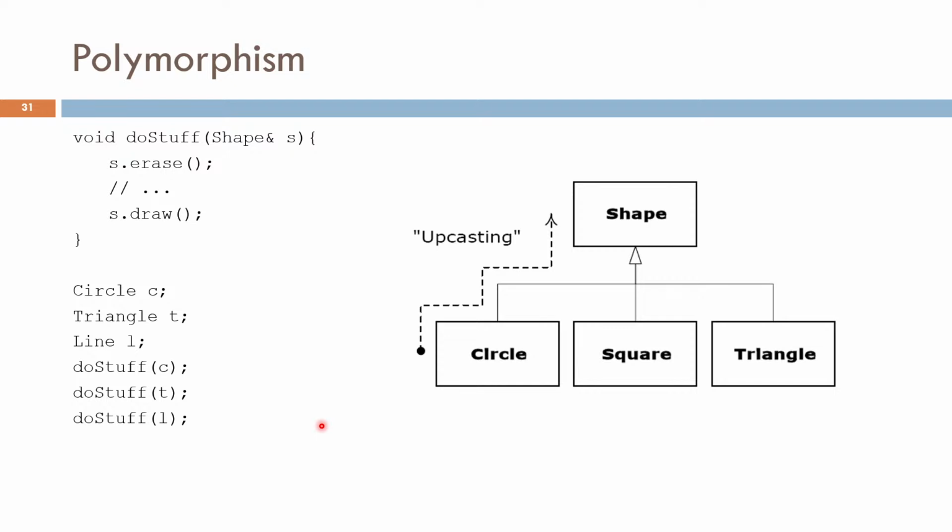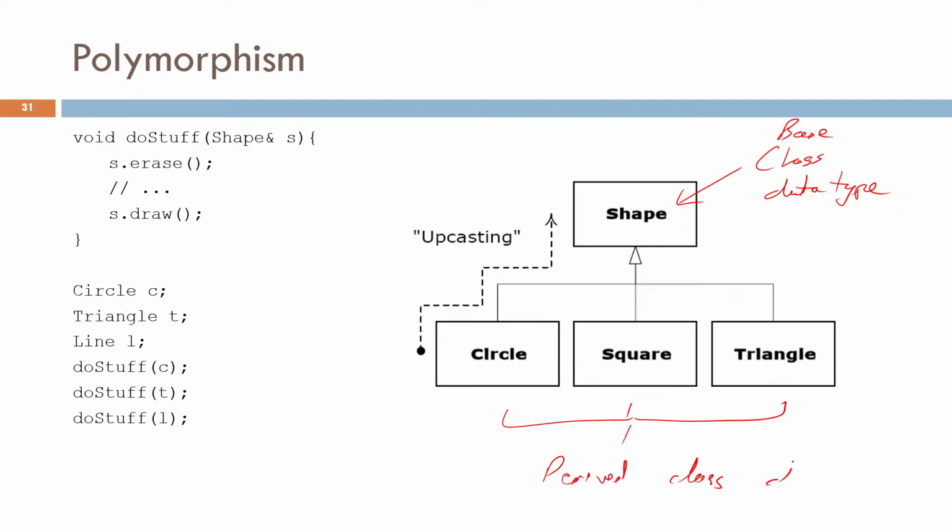So just to illustrate, shape here is like a class data type, and circle, square, and triangle inherit from it. So this is like the base class data type, and these here are what we refer to as the derived class data types.